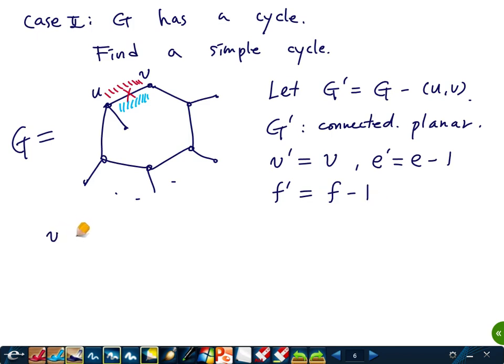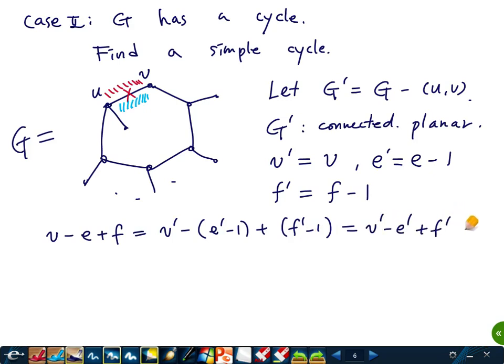And what is V minus E plus F? In terms of V prime, it is V prime. E is E prime plus 1. F is F prime plus 1. And again, these cancel, so it's V prime minus E prime plus F prime. And by induction hypothesis, because G prime has fewer edges, this must be equal to 2.